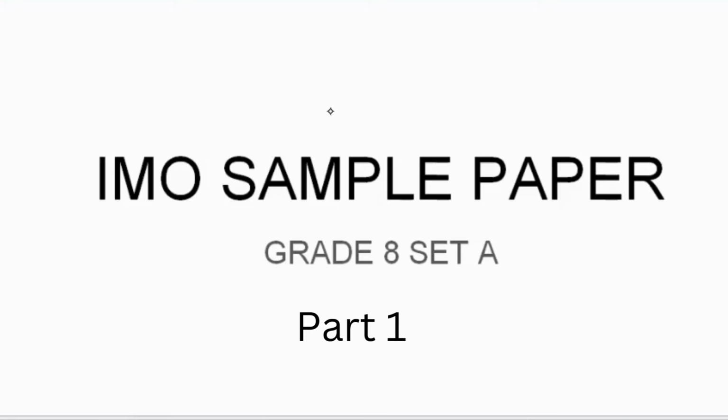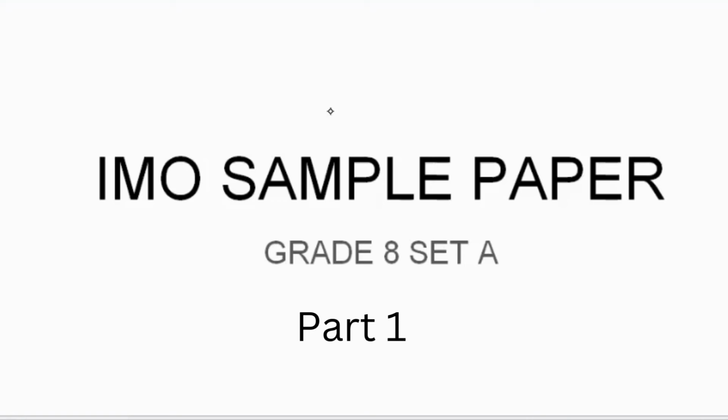This paper has been divided into 4 sections. The first one is logical reasoning, which contains 15 questions, and each question carries 1 mark. After that, we have mathematical reasoning, which contains 20 questions. Next is everyday mathematics, which contains 10 questions.